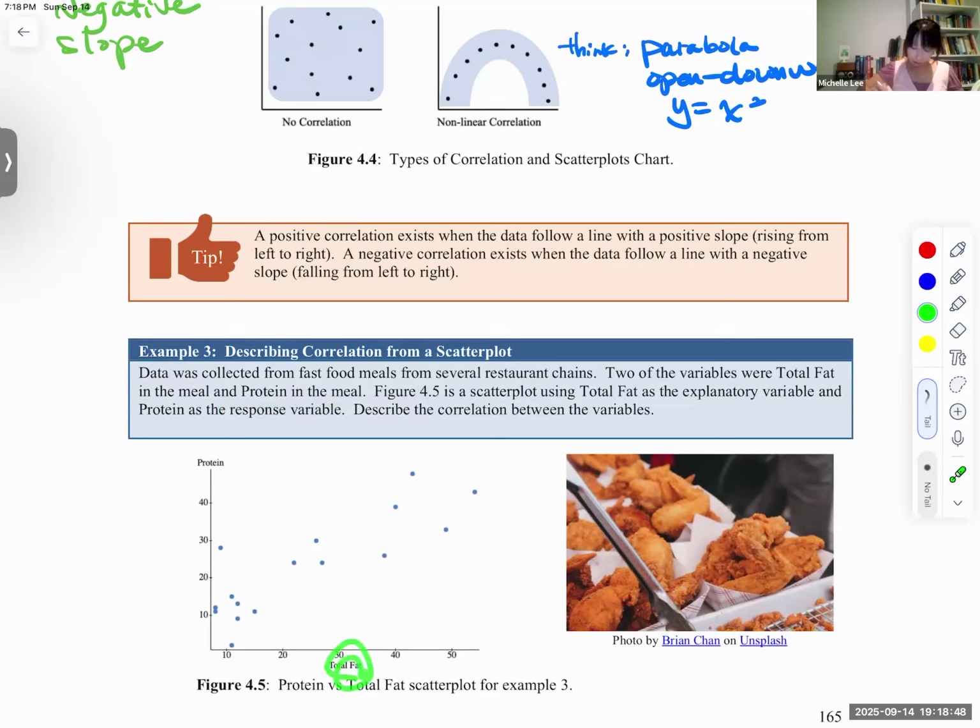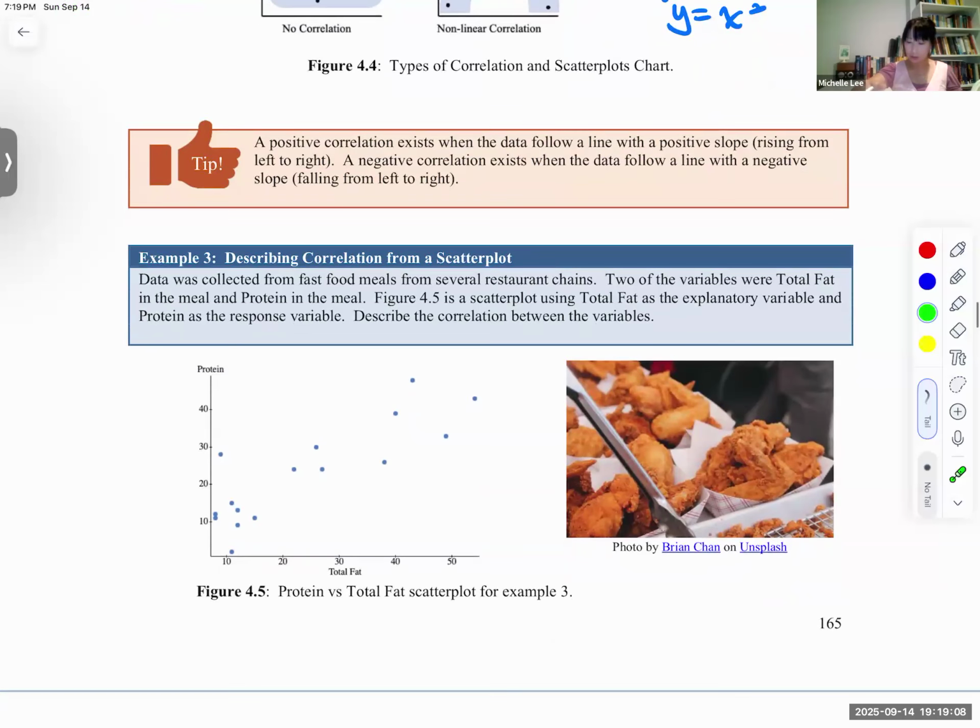So this is the total fat, this is the protein, right? All right, so here is the scatter plot, and describe the correlation between the variables. Okay, what do you think? Did you have a dinner? Did you have a lunch? Looks good, huh?